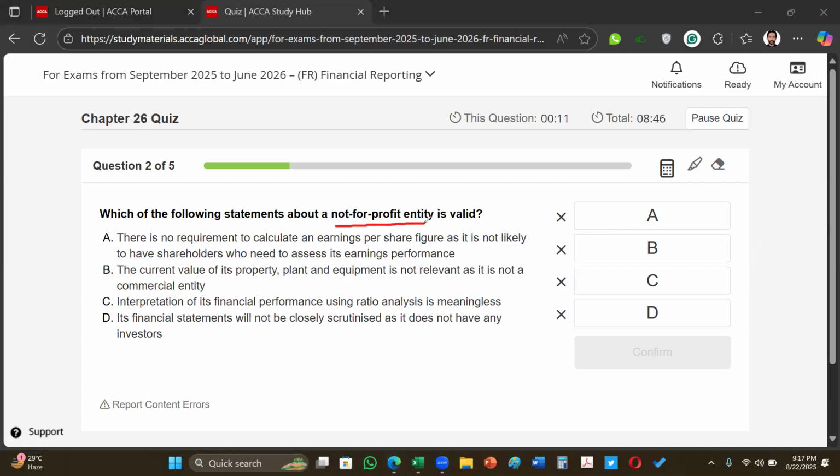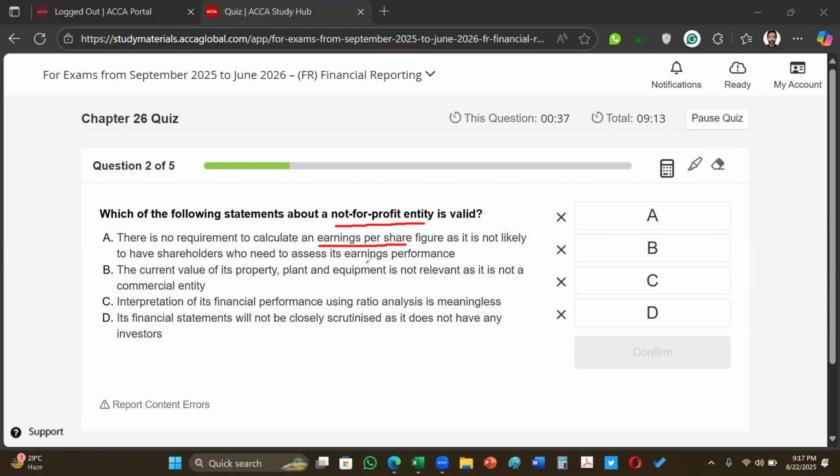So if you're looking at a business which is not for profit, which point would be valid related to that? Okay. The first one is there is no requirement to calculate an EPS. So the famous EPS that we just concluded yesterday has come up again. There's no need to calculate an EPS figure as it is not likely to have shareholders who need to assess its earnings performance.